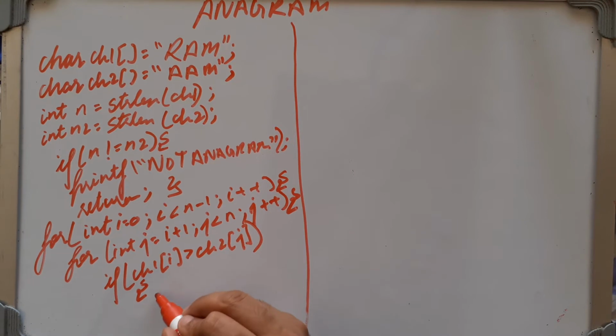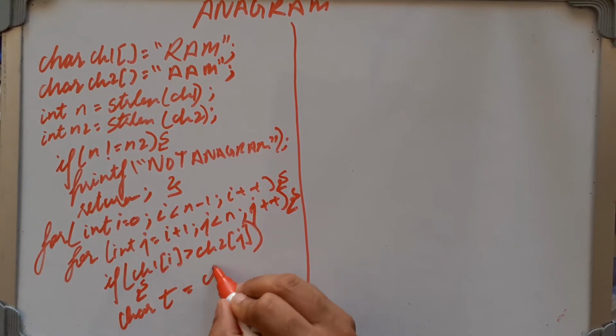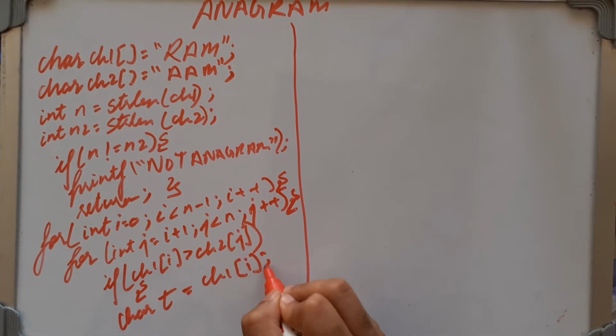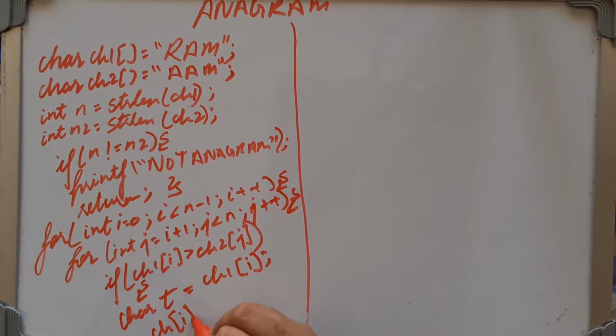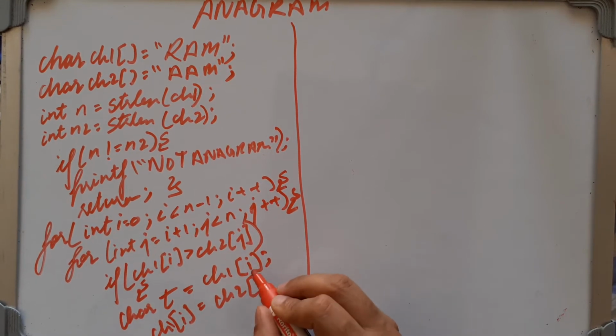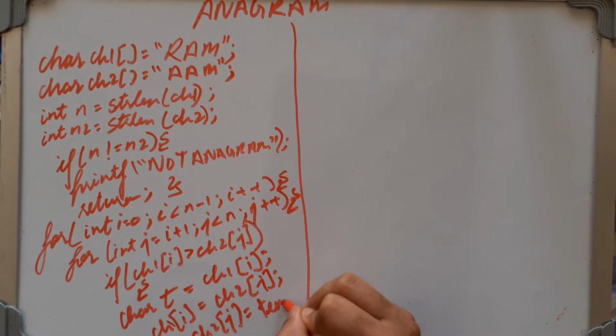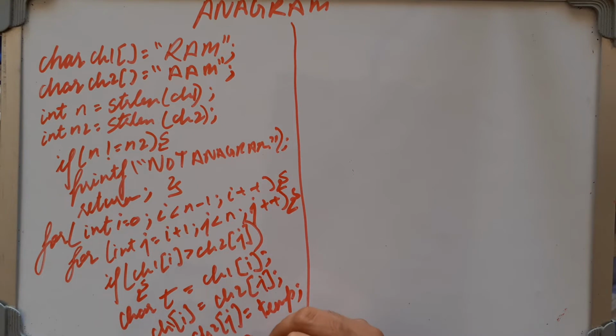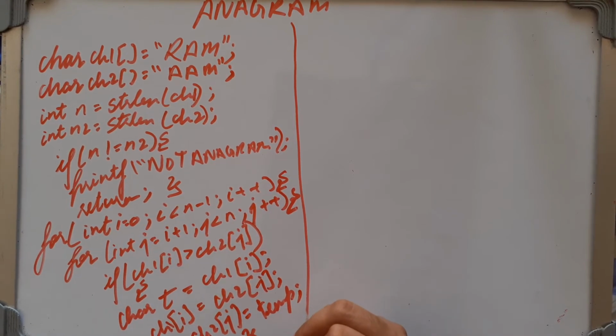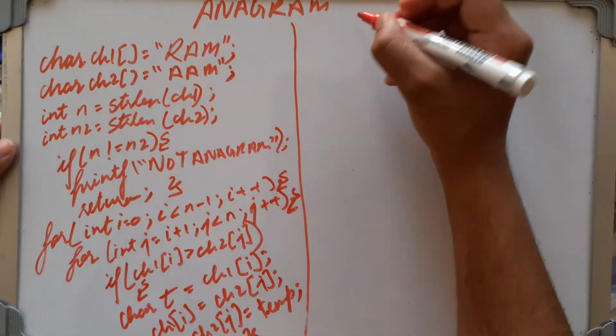Okay, like you have to take a t which is of char type equals to ch1 of i, swapping you have to do ch1 of i equals to ch2 of j and ch2 of j equals to temp, you have to do here. This is done for the first string. Now you have to do same thing for second string.